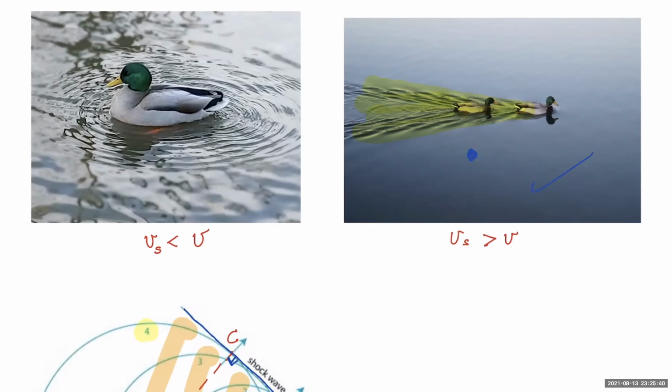Then all of a sudden, when the duck reaches this point, the front of the shock wave will pass over you, and you're suddenly going to get a disturbance. So there's a sudden onset of the shock wave if you are an observer, unlike a conventional wave, which comes in gradually. There's no sudden onset. That's something to keep in mind.